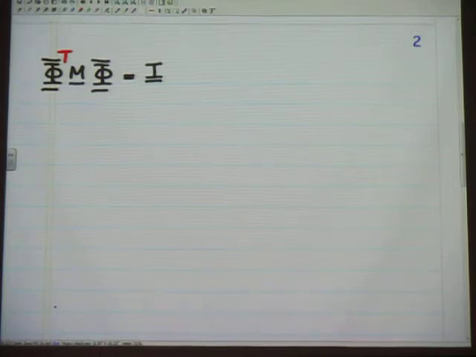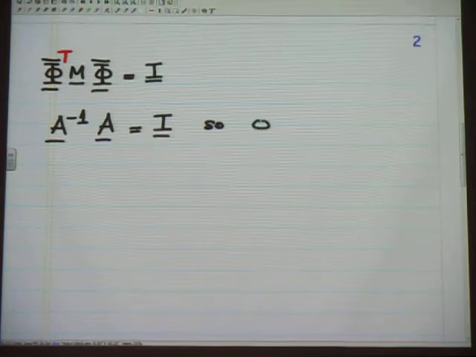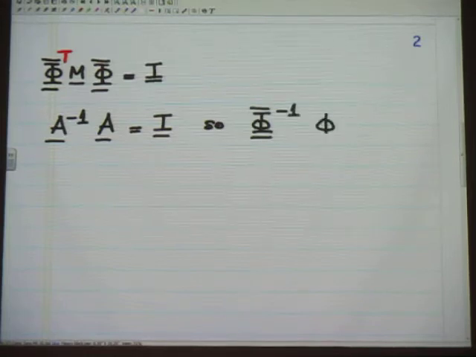Everyone knows that if you have a matrix A, and you take A inverse times A itself, what do you get? Identity matrix, right? So clearly, if you take phi bar inverse times phi bar itself, what do you get?